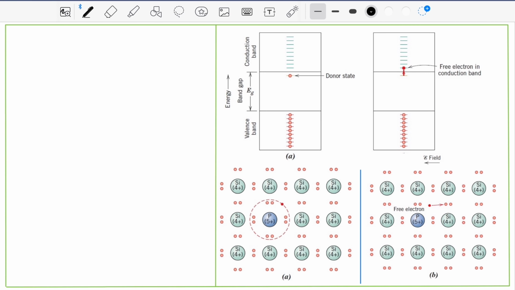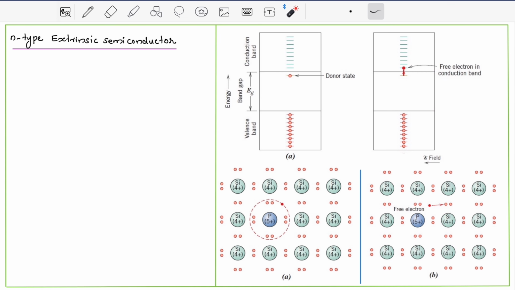Now let us discuss N-type extrinsic semiconductors. Consider silicon, which is an intrinsic semiconductor.